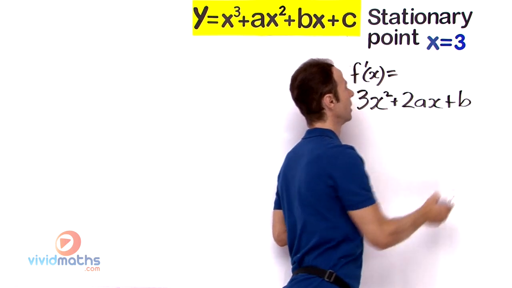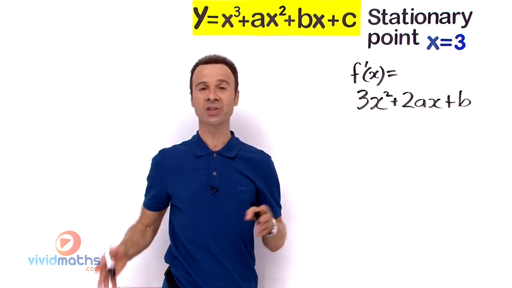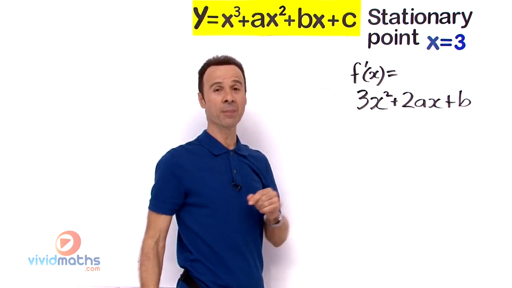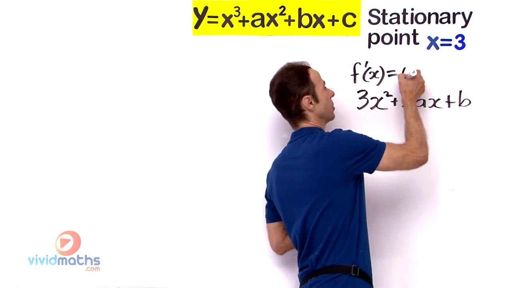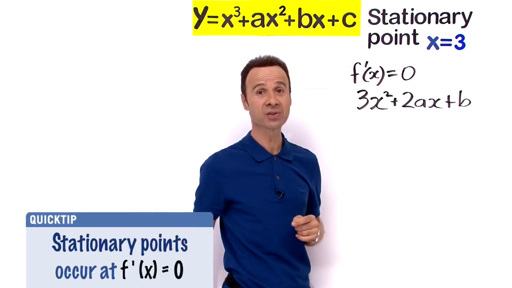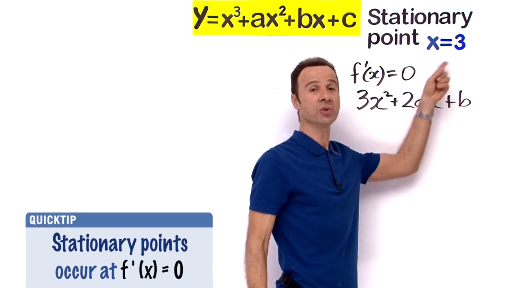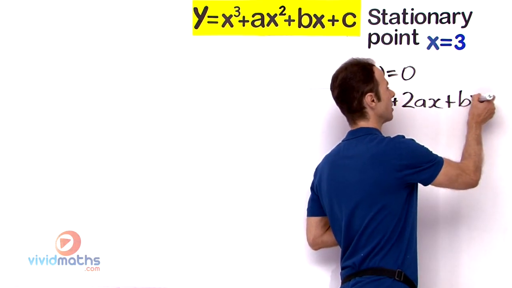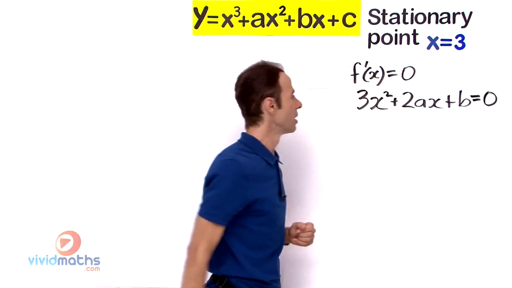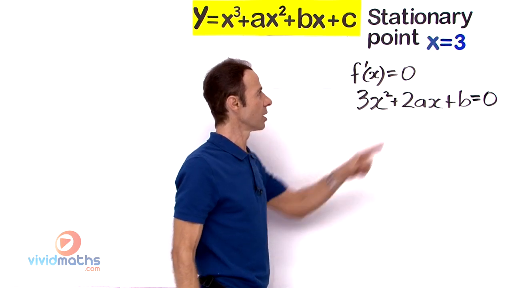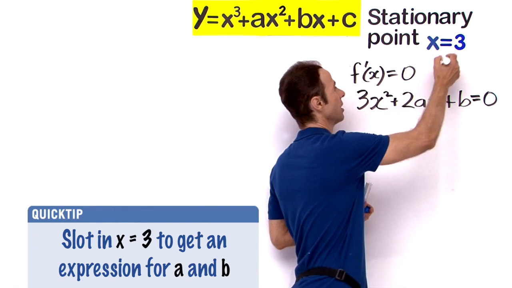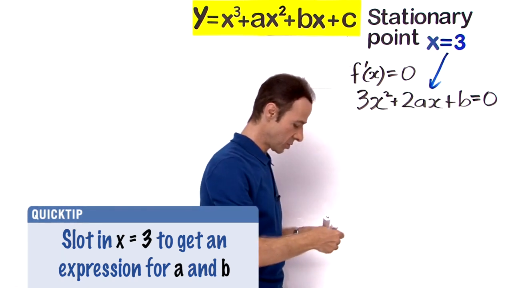Now, isn't it true, as I said earlier, that a stationary point means f prime x equals 0? So we're going to make it equal 0 in order for us to substitute x equals 3 into that equation. There we go. Let's drag it into there, slot and substitute.